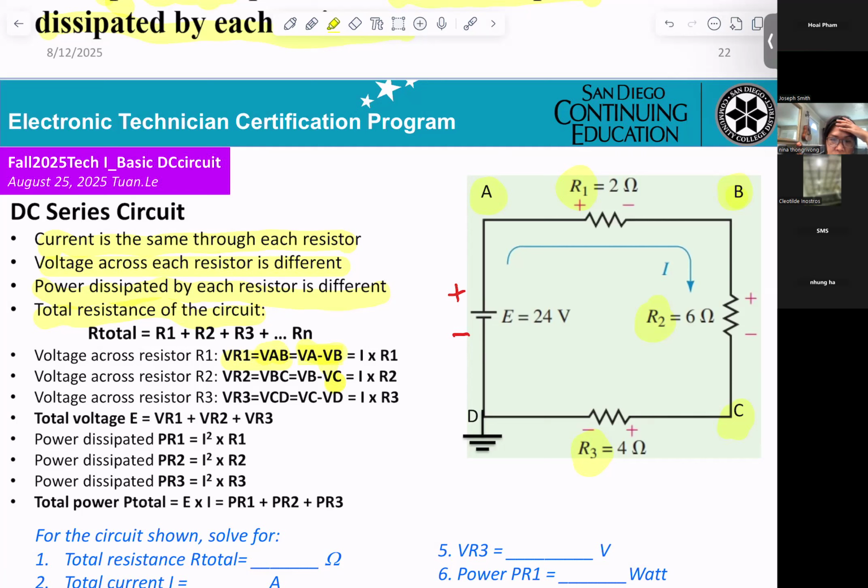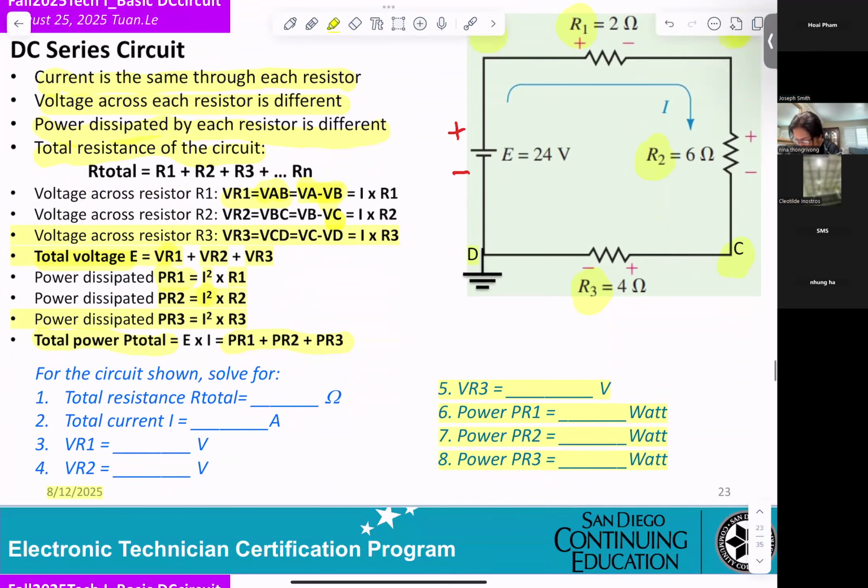Okay? Finally, total voltage equals VR1 plus VR2 plus VR3. And if you want to calculate the power, PR1 is I squared times R1, PR2 is I squared times R2, PR3 is I squared times R3, and the total power is PR1 plus PR2 plus PR3. Okay?